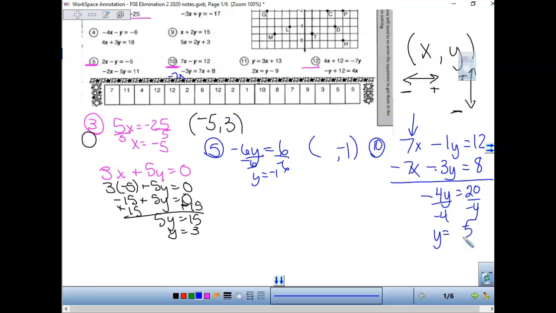Carson, I need help. Which equation in number 10 do you want to go back to find that x? The first or the second? Because we got to go back to our original. The second one, the negative 3y? You went to the first. So the first equation was 7x minus y equals 12.